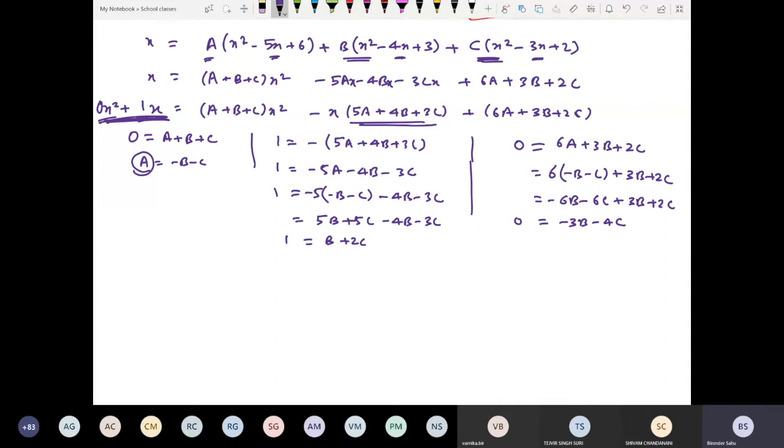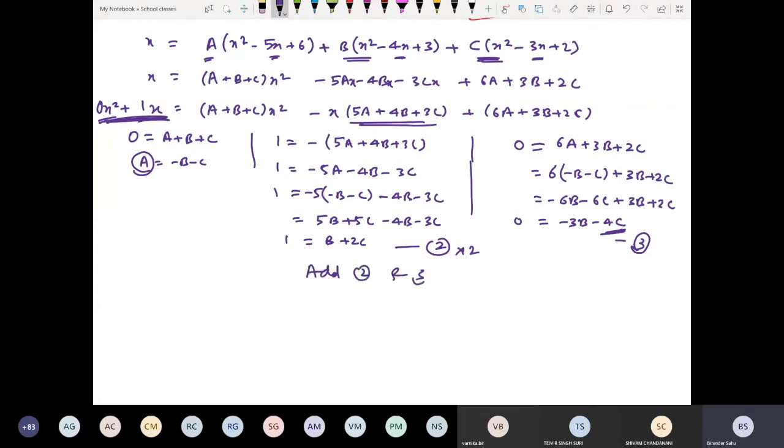So we can solve these two, equations 2 and 3. The coefficient of C is 4 in both, plus 4 and minus 4, no problem, we can add them.